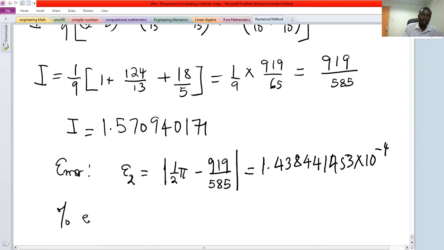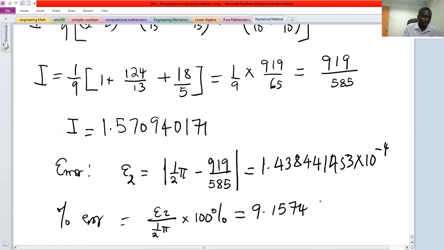Percentage error, we get this error divided by the true value times 100%. And this will give us 9.157402702 times 10 raised to negative 3%.